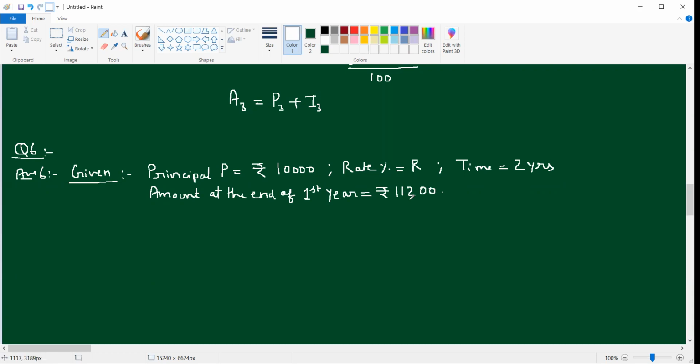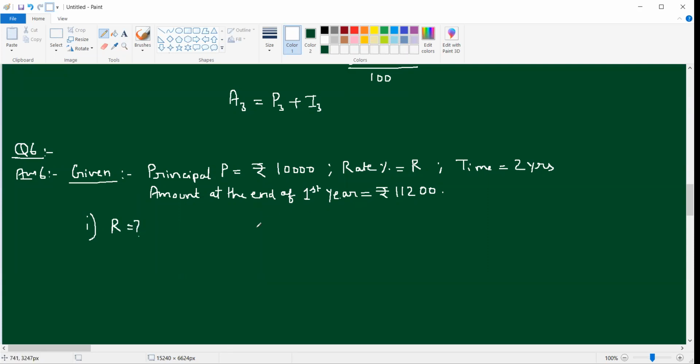Clear? So we have to calculate first part, the rate of interest per annum. We have to calculate R.